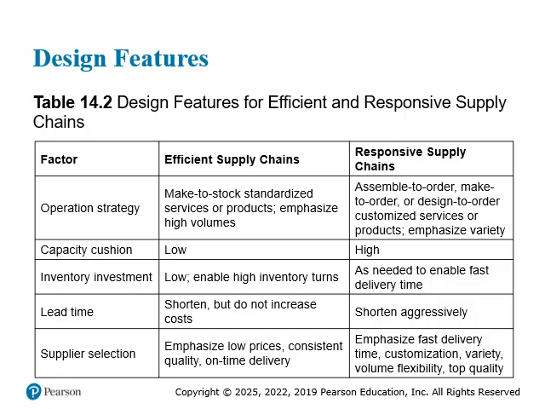Finally, in supplier selection, efficient supply chains tend to emphasize the reliability of the supplier along with low prices. So we want a low price for what we're buying, but only in the sense that the supplier is reliable at that price. It doesn't do us a lot of good if we have a very large assembly operation to have one supplier that forgot to send something.